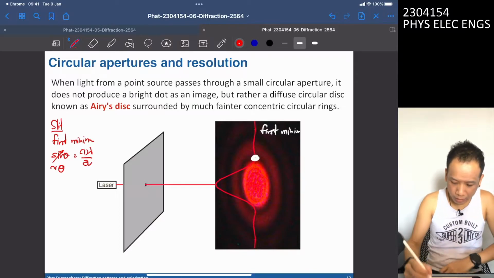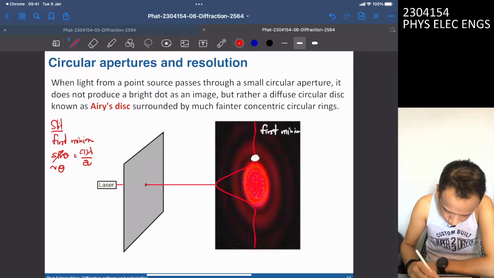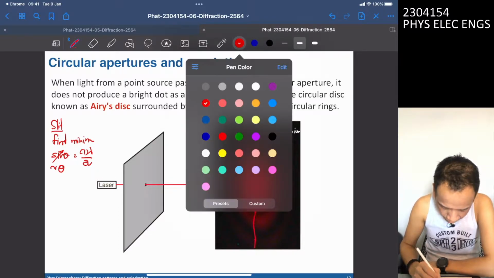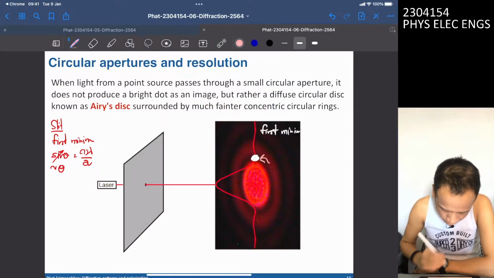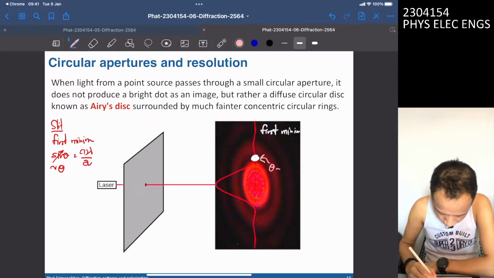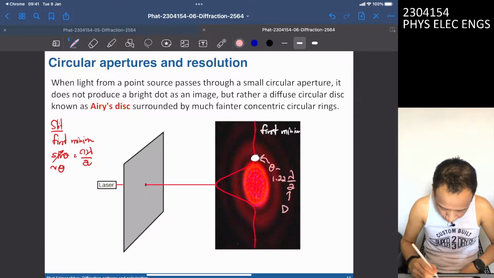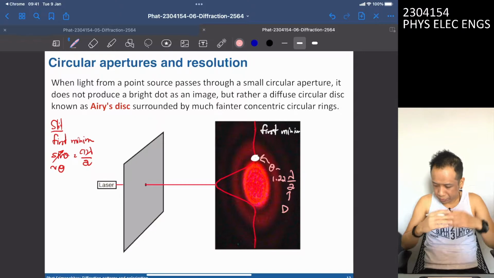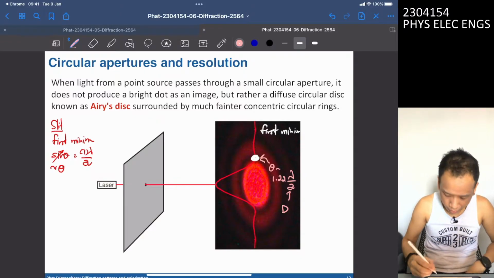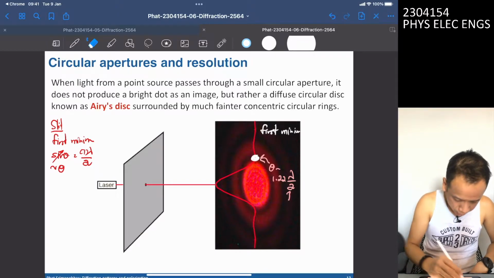But for the circular aperture, it's roughly the same, but different. The first minimum is going to be at theta equal to 1.22 lambda over D, the diameter of the aperture.